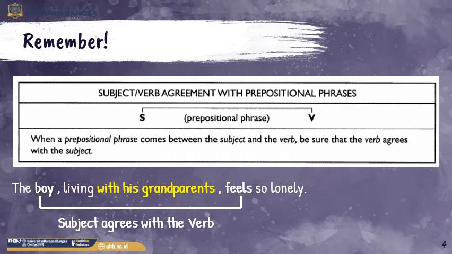For example here, the boy, living with his grandparents, feels lonely. Jadi ada prepositional phrase di antara subject the boy dan verb feels. Tidak penting prepositionnya, tidak usah kalian pedulikan ya. Jadi subjeknya di sini adalah the boy, singular, and the verb feels. So here, subject agrees with the verb. That's all.